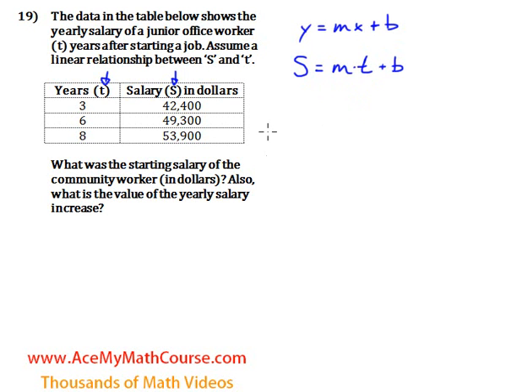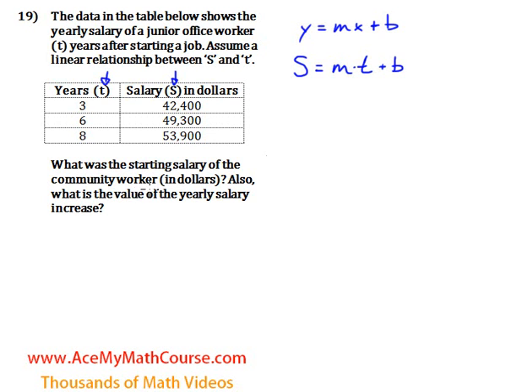Okay, so the question is, what was the starting salary of the community worker? And then, what is the value of the yearly salary increase? So, now conceptually, what does this mean? The starting salary of the community worker, how can we find this?